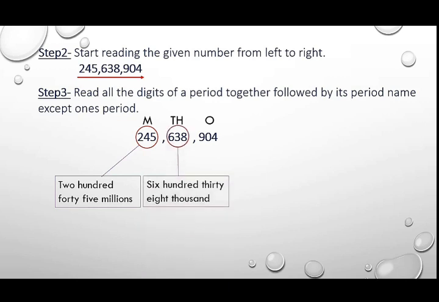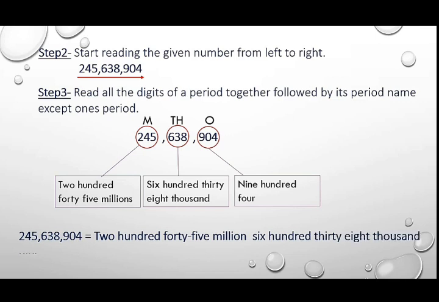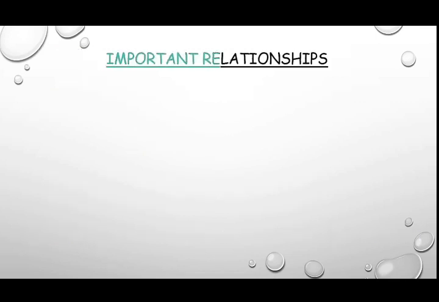And the last period is ones period. The number is read as 904. So, the given number can be read as 245,638,904.